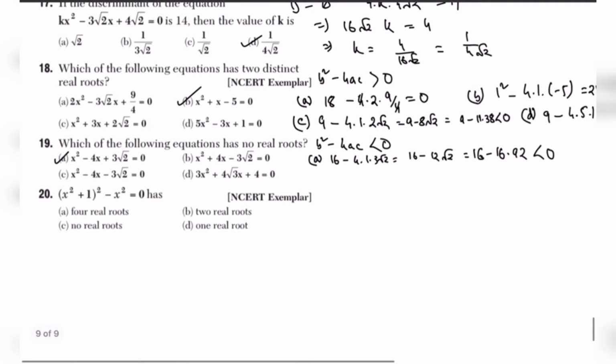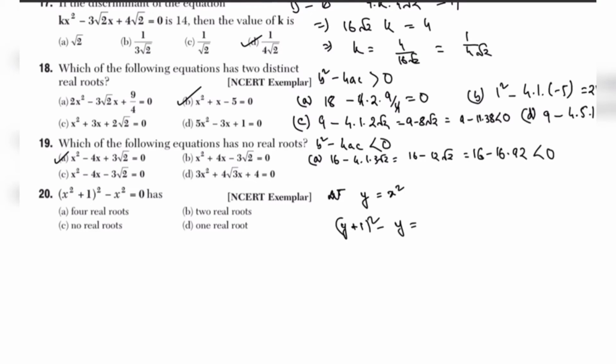X square plus 1 whole square minus x square. Firstly, let y equal to x square. So then what you have? Y plus 1 whole square minus y equal to 0 implies y square plus 2y plus 1 minus y equals 0, which gives us y square plus 3y plus 1 equals 0.